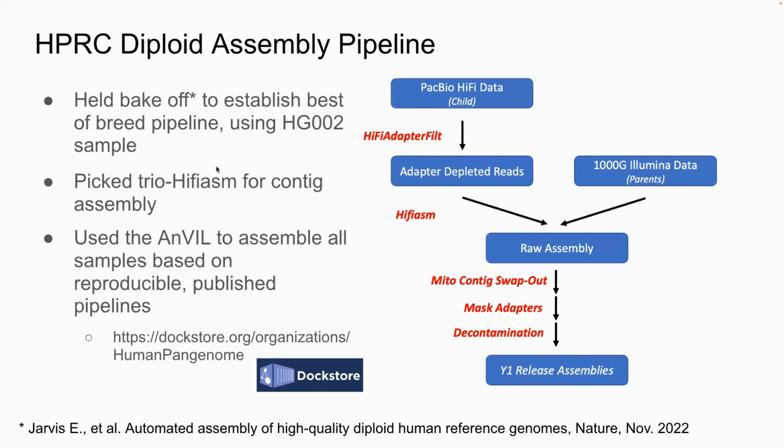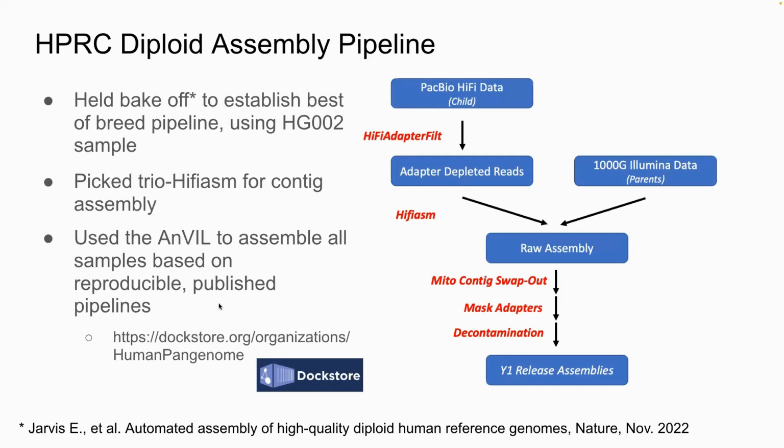And the other was that the HiFi data, which was the new technology we had at the time, allowed us to create vastly better assemblies than anything else. So anyway, I won't go through the details here, but we put together an assembly pipeline. This was all published this time last year, I guess.